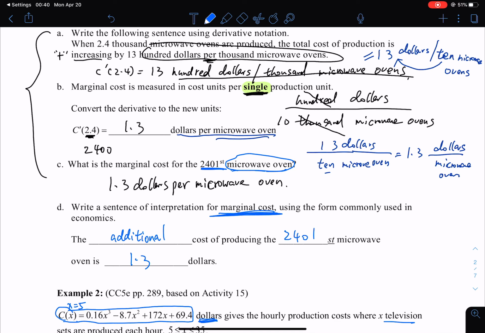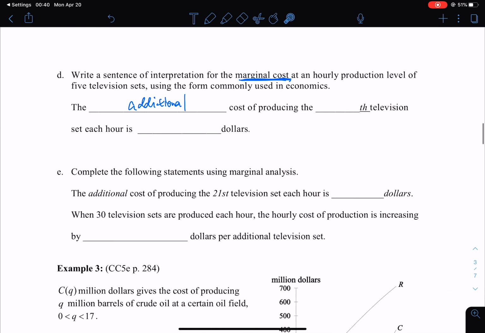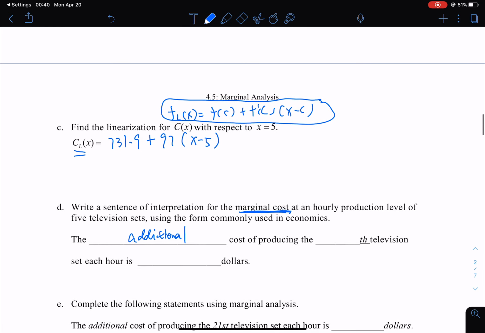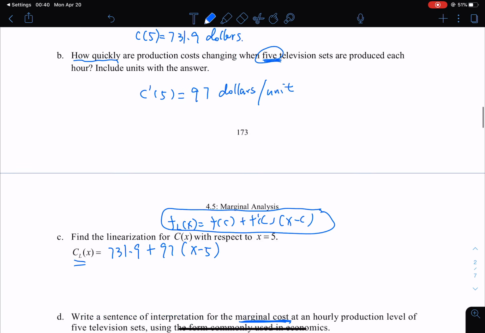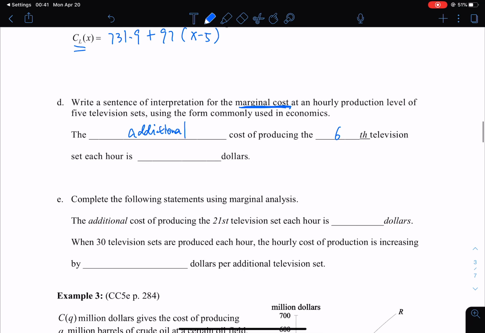For interpretation questions, we may have a lot of them asking you to interpret the slope or average rate of change, but as long as you see the word marginal cost or marginal revenue, the keyword here is always the additional. So the additional cost of producing the x plus 1. So x plus 1 here, the value is 5, 5 plus 1 is 6.